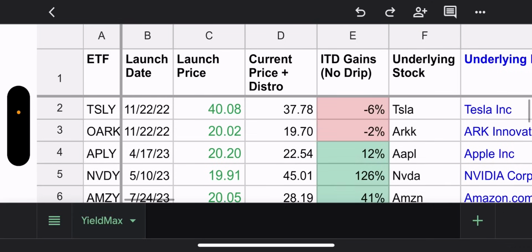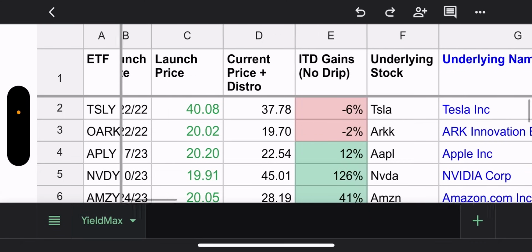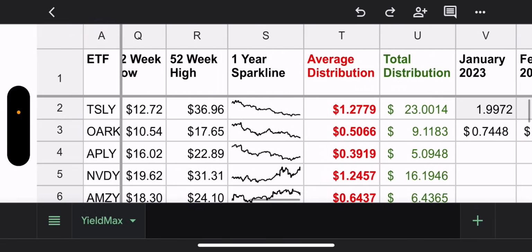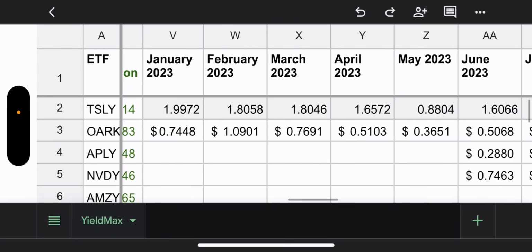So if you go to historical data, this is exactly what you'll see on most websites, unless they're not updated. Since there was a reverse split, we have to consider the launch price basically $40.08, okay? At the same time, when we talk about the distributions, we have to consider them double as well, right?